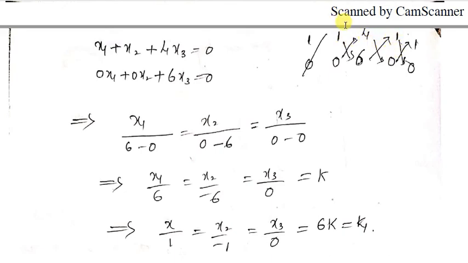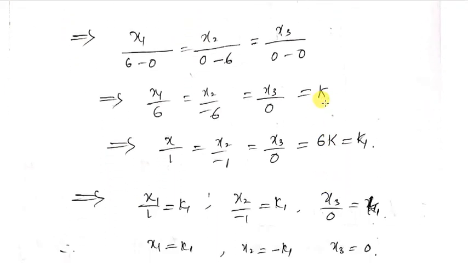This gives x1 divided by (6 minus 0) equals x2 divided by (4 minus 6) equals x3 divided by (0 minus 0). See, I have shown the arrow marks. This is how we have to do the cross multiplication. So this simplifies to x1 by 6 is equal to x2 by minus 6 is equal to x3 by 0. So in order to get the values, let us equate all these ratios to a common constant.